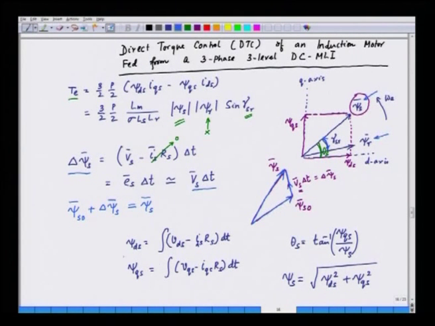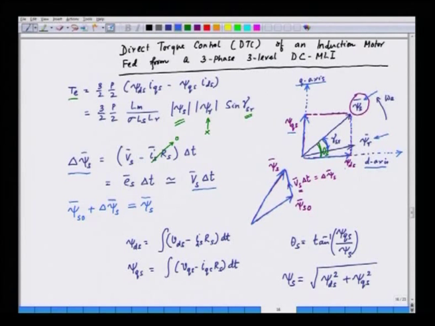Now, we can find out the magnitudes of the various fluxes, psi ds and psi qs. This is our d axis and this one is the q axis. The stator flux vector psi s can be resolved into two different components: one component is along the d axis, and we call that psi ds, and the other component is along the q axis, and we call that psi qs.